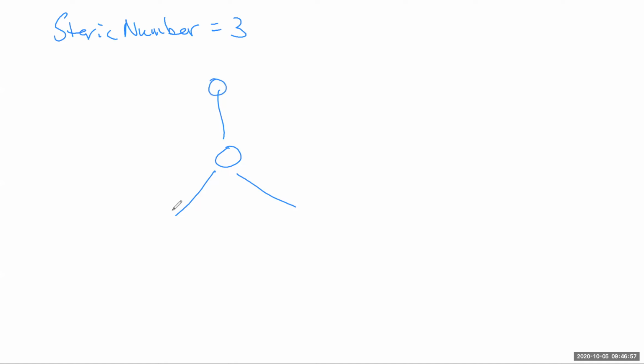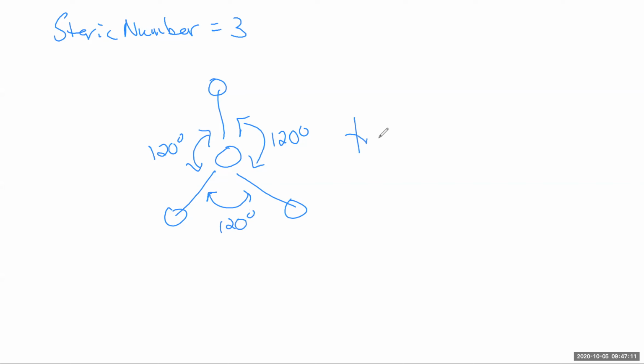And so my angle here would be 120 degrees, because if I go all the way around, it's going to make a circle, right? And a circle is 360. So this shape is called trigonal planar.